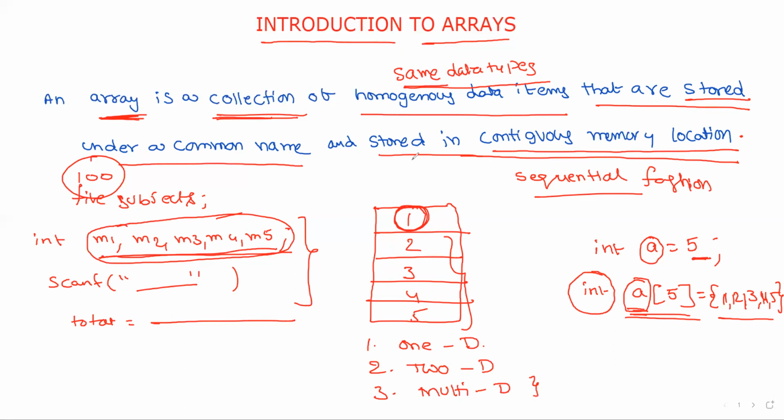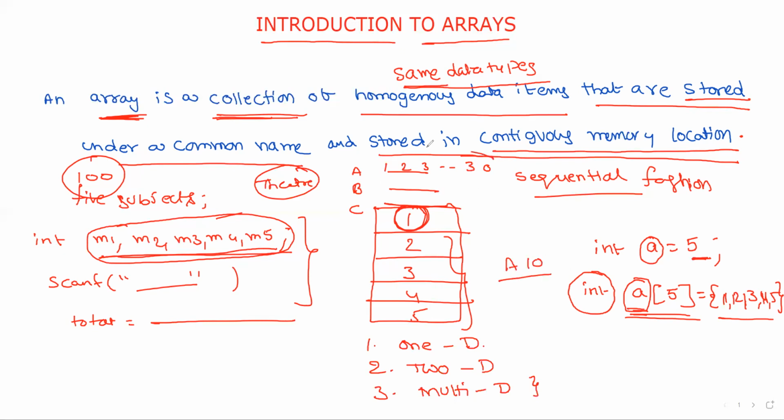Okay, simple example. For example, if you are moving to some cinema theater, how are the chairs organized? For example, row A, row B, row C, like this. Each row contains 1, 2, 3, and so on up to 36. For example, if your ticket number is A10, how are we identifying it?